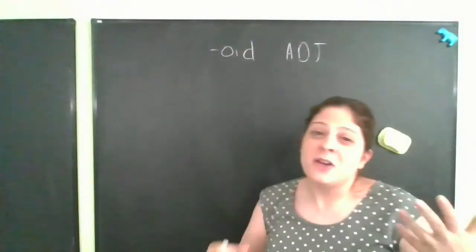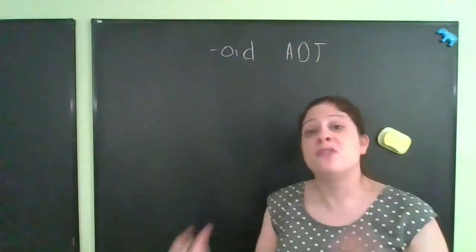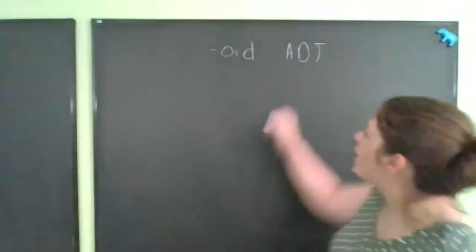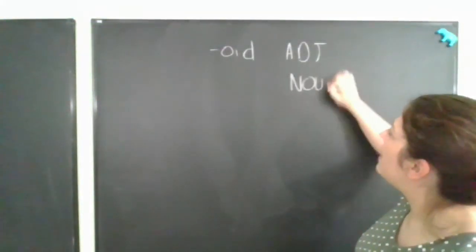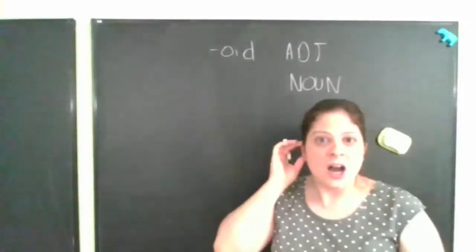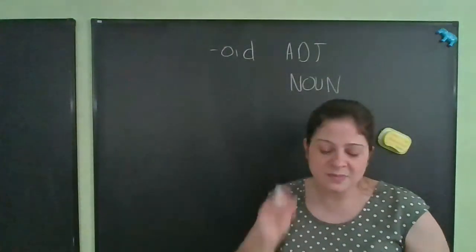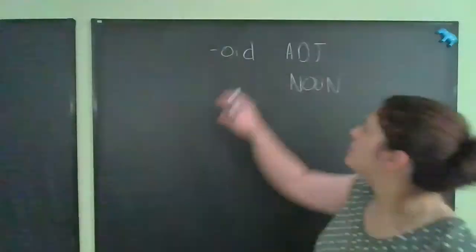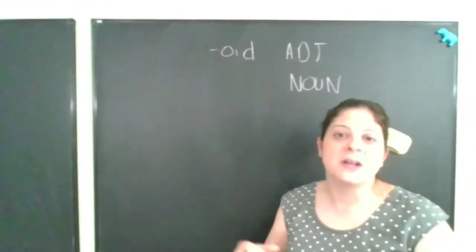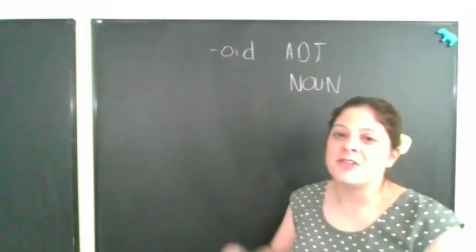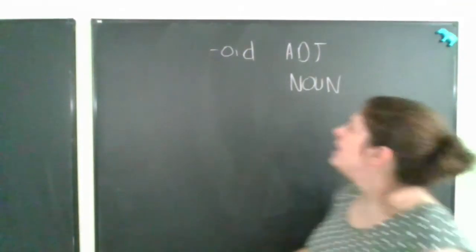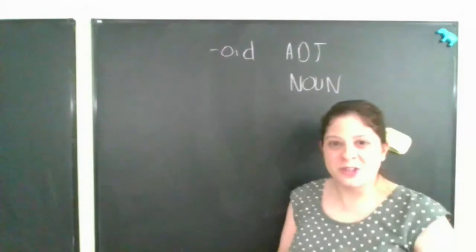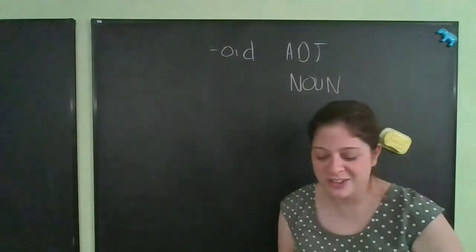That being said, frequently those adjectives are converted through conversion into nouns. And so you get a lot of nouns too that end in oid that just mean a thing like. So the adjective means something like this, and the noun is a thing like this. And oftentimes a word that ends in oid can function as both.